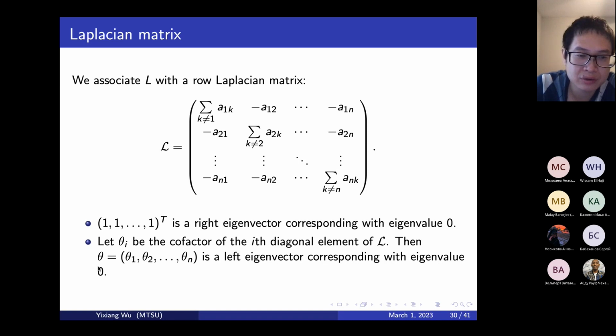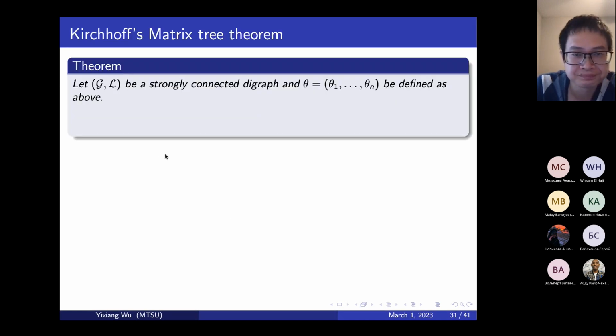You can think about why theta is really an eigenvector: just use that the determinant of L is 0. It's not difficult to show this.